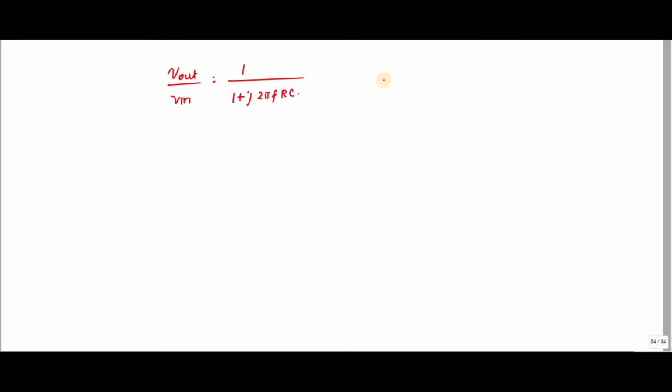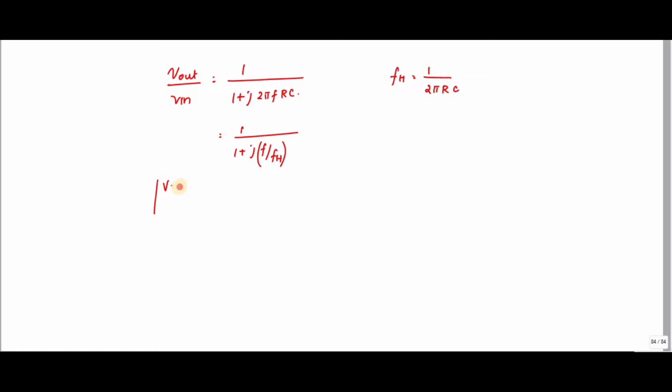Okay. So I can substitute fH is equal to 1 divided by 2 pi RC. Okay. So if I substitute, I will get 1 divided by 1 plus j f by fH.